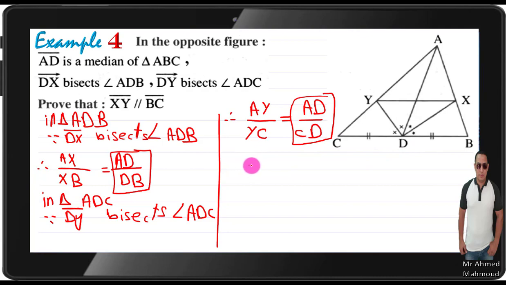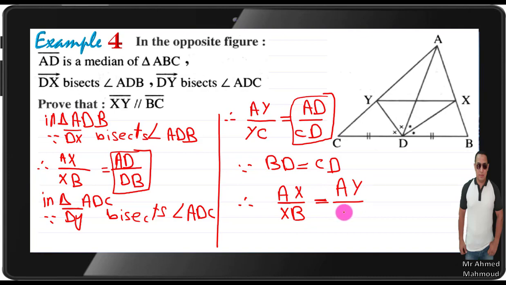So since BD equals CD, those two ratios AD over CD and AD over BD are equal, therefore AX over XB equals AY over YC. Therefore XY is parallel to BC.